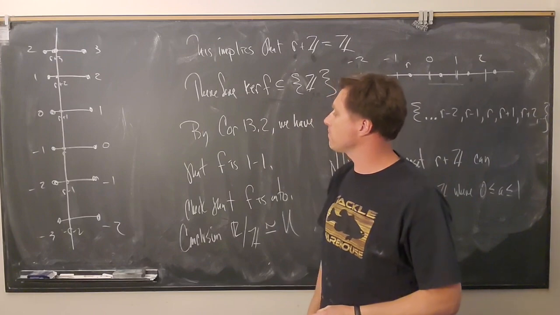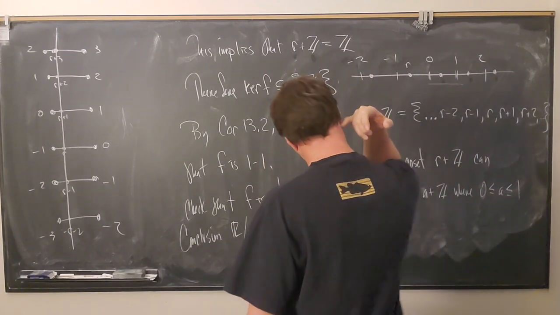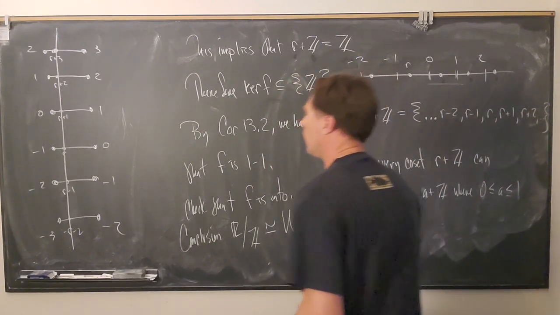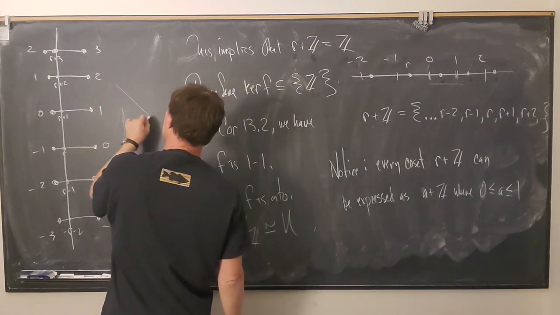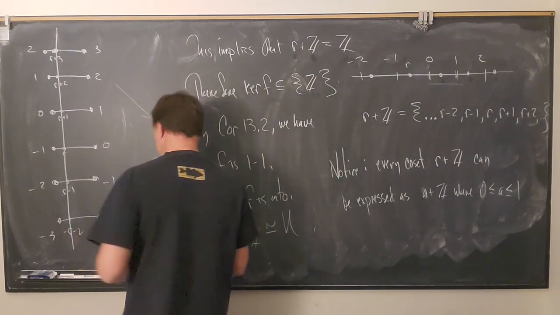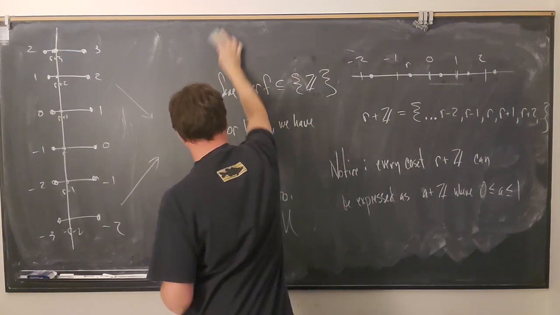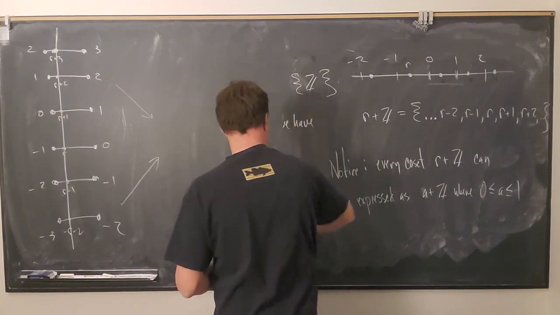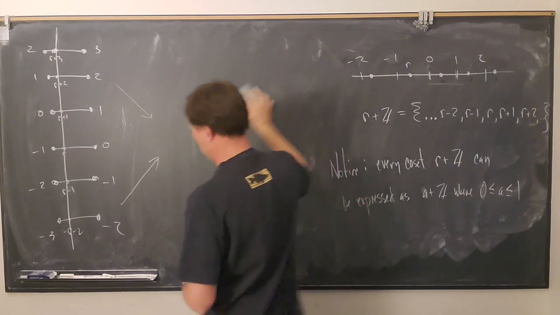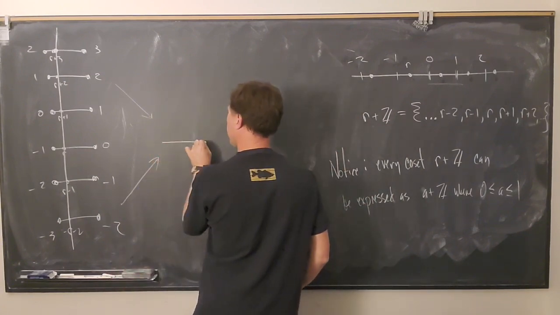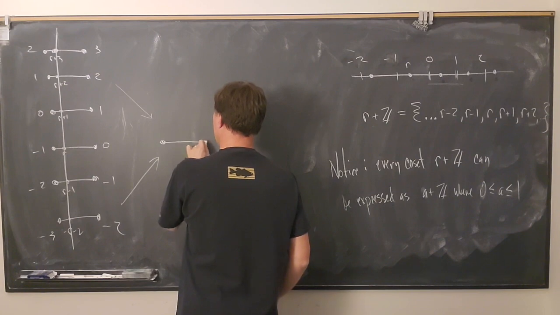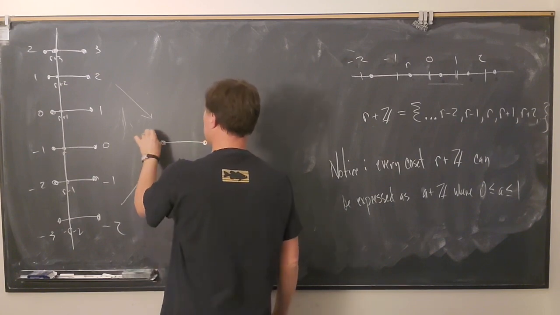All right? So what does this quotienting process do? It essentially says in R, consider the unit interval right here. All right, so there's 0 to 1.